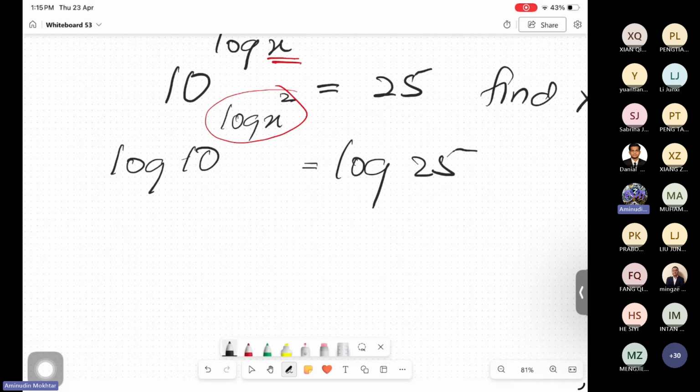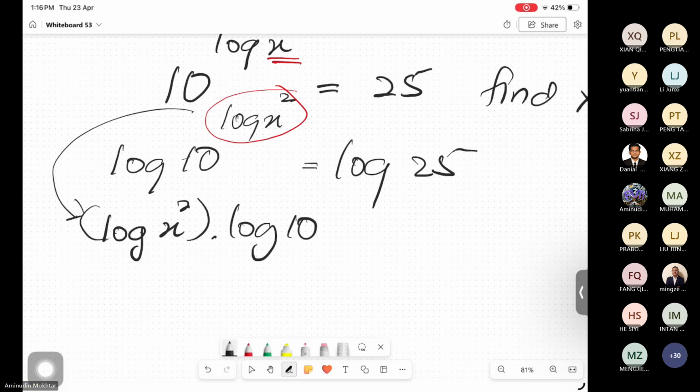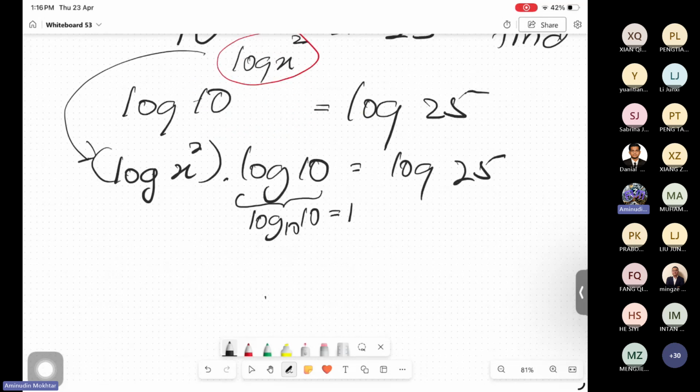So this is now log x squared times log 10 equal to log 25. We have a log property here: this is log 10 of 10, the answer is 1. So now this equals log x squared equal to log 25.